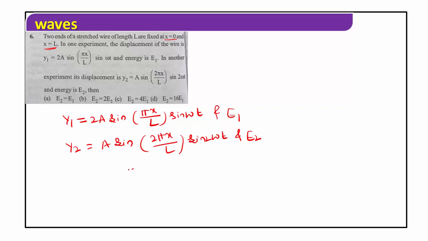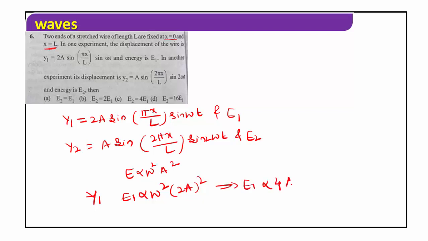But you know the formula. The energy of the vibration of the particle E is directly proportional to omega square and a square. Therefore, for y1, E1 is directly proportional to omega square, and amplitude is 2 times its amplitude. Therefore, we get E1 is directly proportional to 4 into a square into omega square, and for y2, energy E2 is directly proportional to 2 omega square into a square.